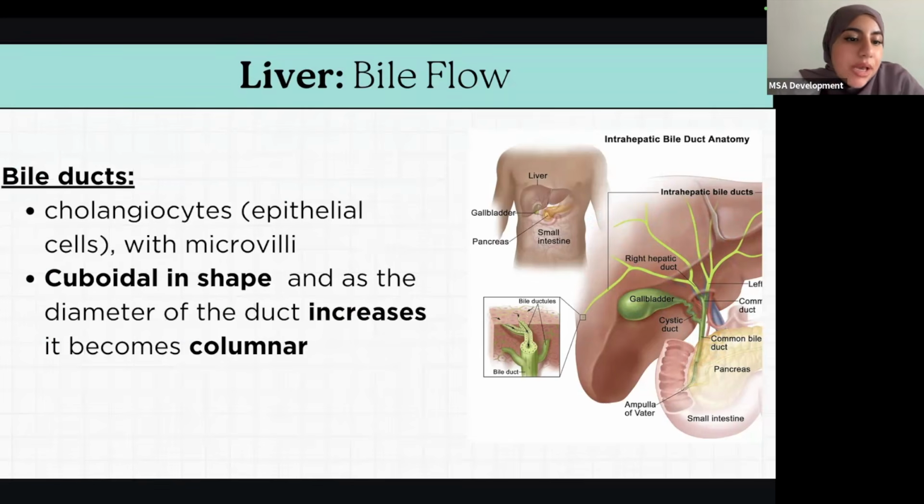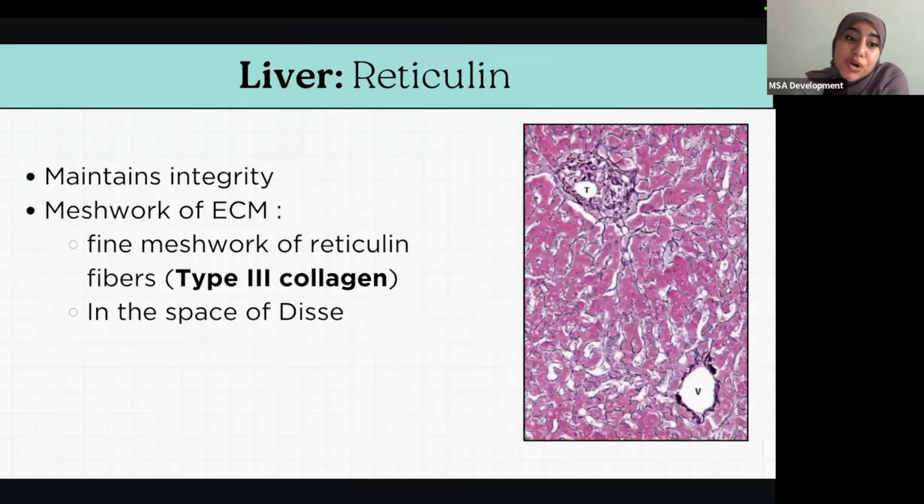Anyways, now bile ducts, just like most other ducts, once you get to the point where they're associated with the gallbladder, they're called cholangiocytes. And chole is like the prefix for the word gallbladder. And they're cuboidal in shape. Now, you don't really need to go into detail. This is mostly physiology, but this is the histology part of it.